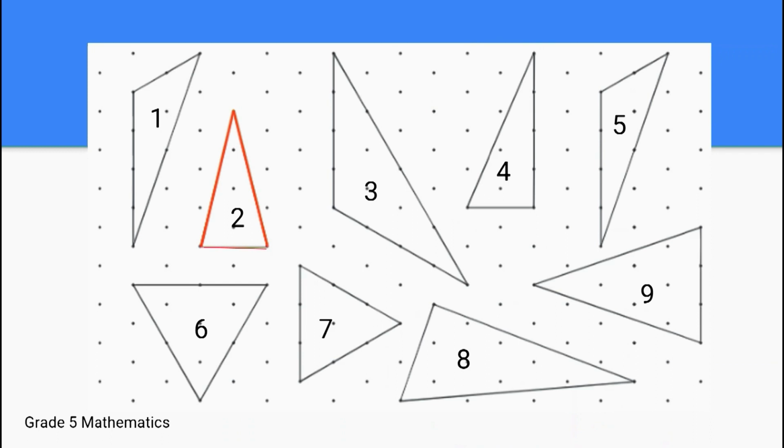Look at these triangles. Which ones are obtuse triangles? Remember, an obtuse angle is greater than 90 degrees.